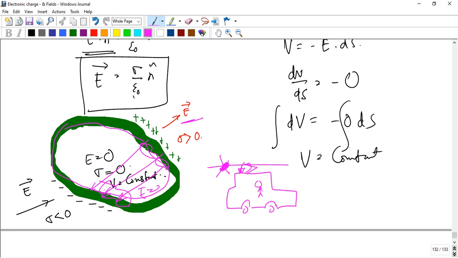Now if that person tries to jump out of the car, then the person gets electrified, because they pass through the car surface, which is highly electrified. That's why you get electrified. And that's a safety device. When you are inside the conductor, you will be safe, due to electrostatic shielding.